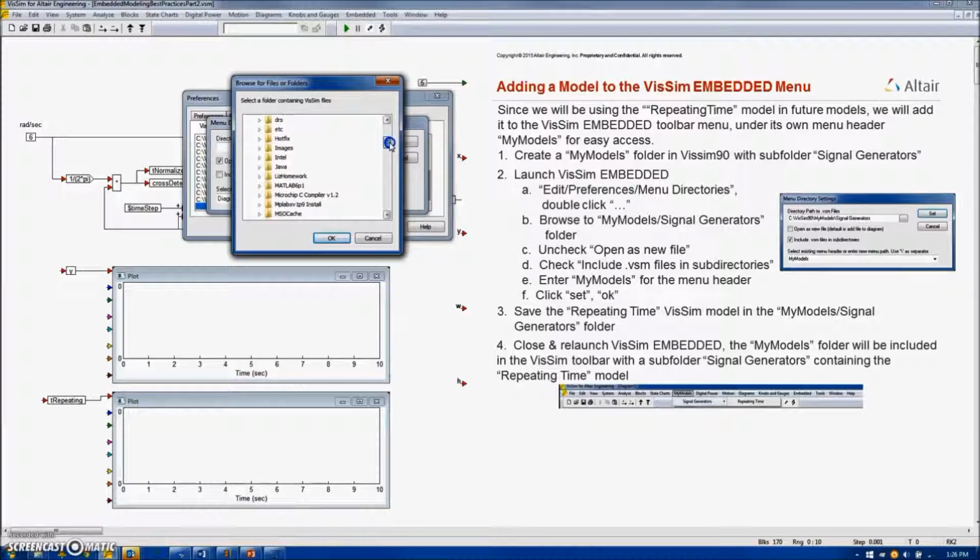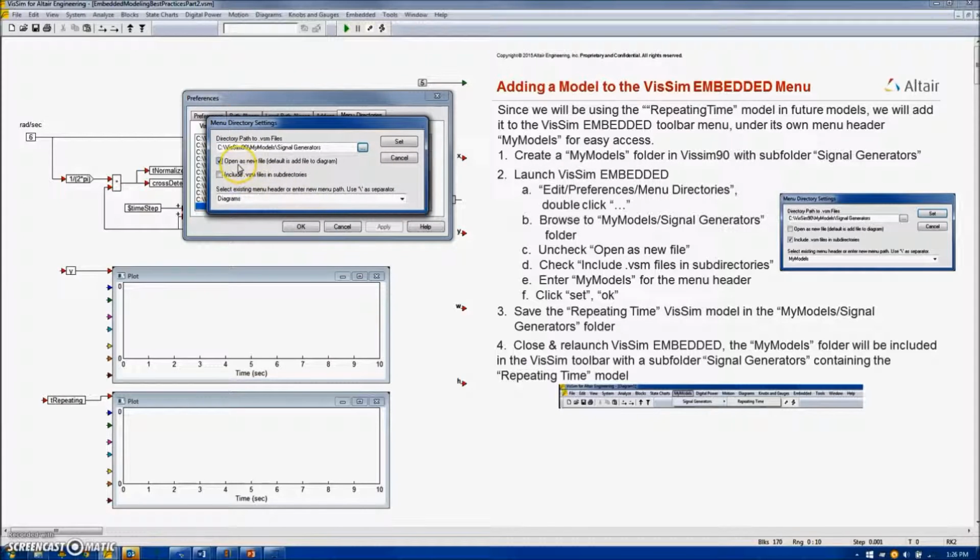So this is under VisSim 90, My Models, Signal Generator. Hit OK. Open as new file. Well, we don't want that. We want to be able to add these to existing diagrams, so we'll uncheck that. We would like to include VSM files in subdirectories, so we'll include that.